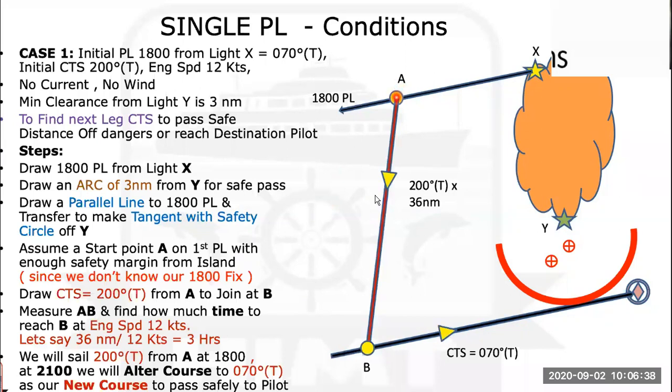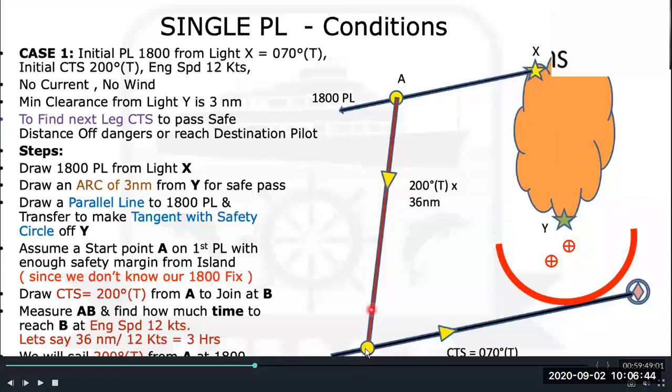From there the ship will steer 200, and wherever it cuts the transferred position line, we mark it as B. We measure this distance A to B and divide it by engine speed 12 knots, and we get the time to reach point B, that is the time of our alteration from which we will change the course. And the new course will be the same as our bearing, so it will be 070.